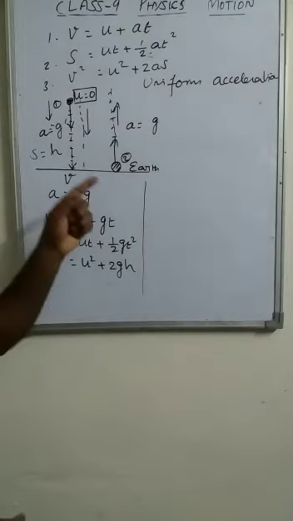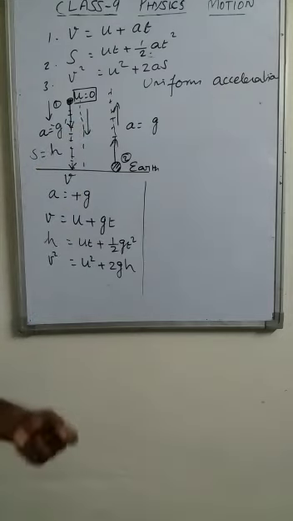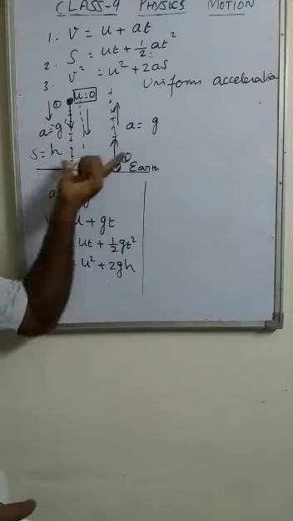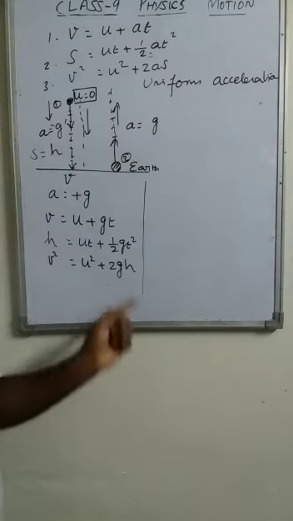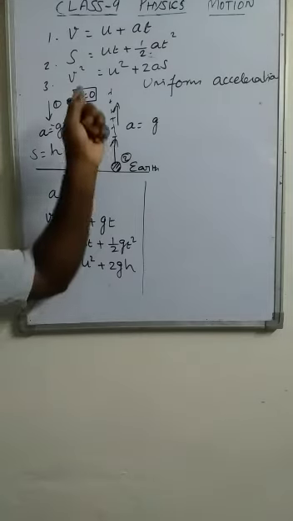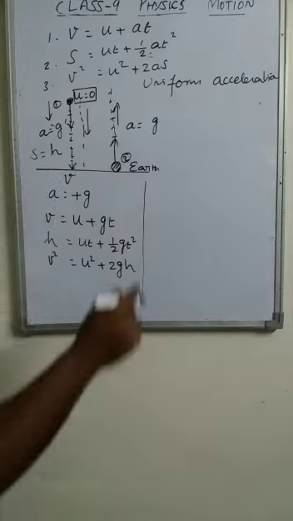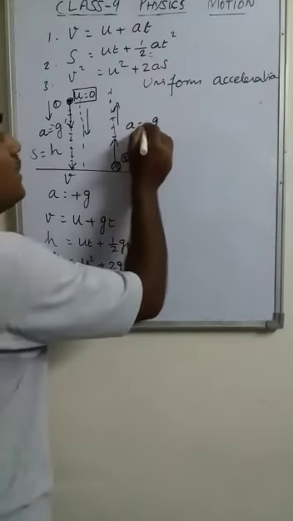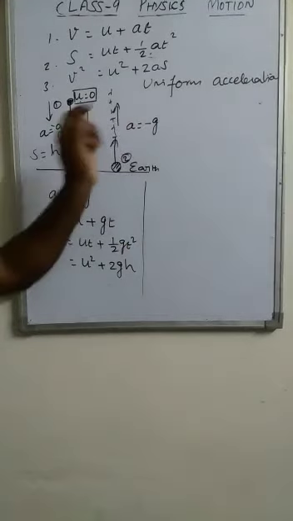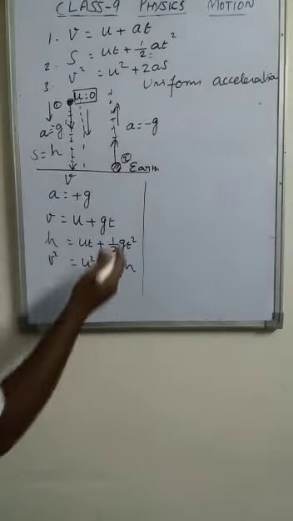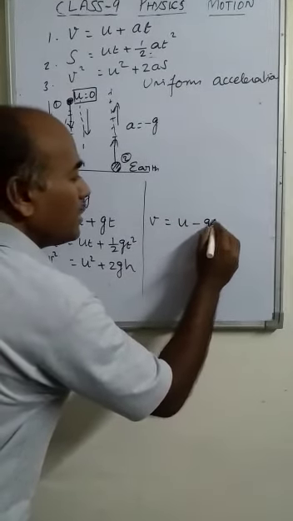But the acceleration produced due to the Earth is always vertically downward because it is due to the Earth only. Acceleration due to gravity is always acting in the downward direction. In this case, g is taken as negative. Again, the equation of motion changes. v equal to u minus gt.